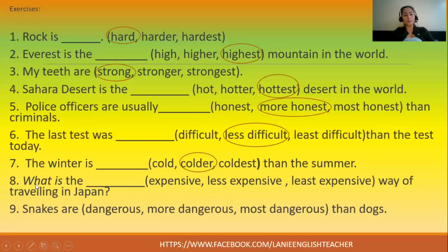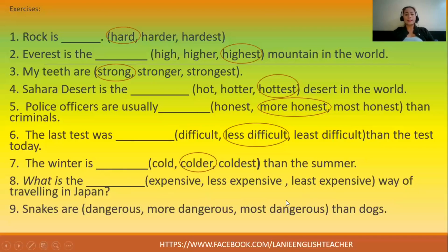Let's proceed to number 8. Okay, take note of the word the before the adjective. Blank way of traveling in Japan. So, the word the here signals superlative degree. So, which of the choices here is a superlative form?